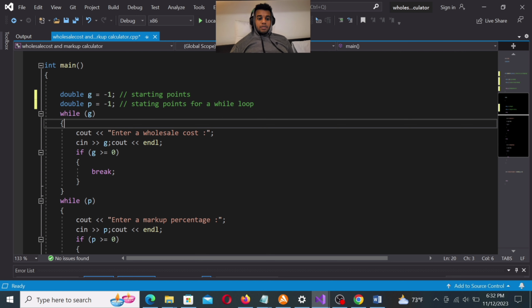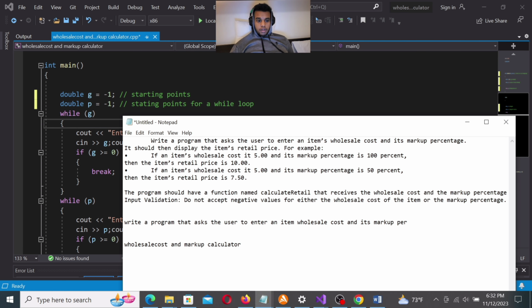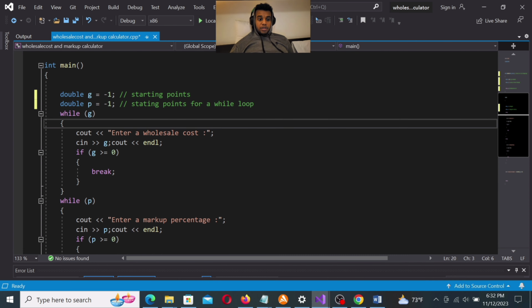Every single time I enter, since the question says input validation, do not accept negative values for either the wholesale cost or the markup percentage. So basically this while loop is going to keep running unless we enter a number that's either 0 or any number above 0. That's the point of the while loop.